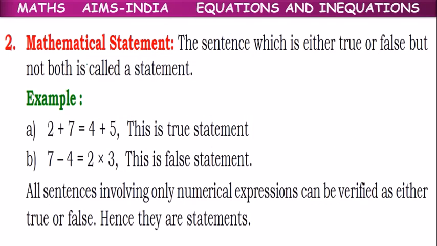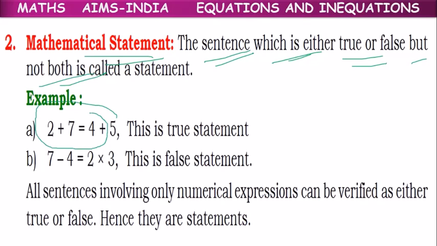A mathematical statement means a sentence which is either true or false, but not both. After seeing the mathematical sentence, if we are able to tell whether it is true or false, any one but not both, it cannot be true and false at the same time.